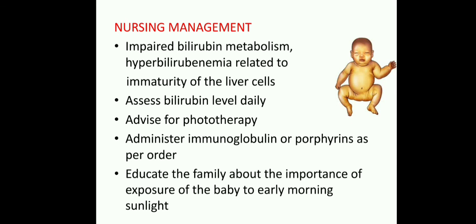Because of that, what you should do: proper identification, evaluate the baby's hyperbilirubinemia zone-wise, assess the bilirubin levels daily, advise phototherapy, administer immunoglobulins or phenobarbital as per the order, and educate the family about the importance of exposing the baby to early morning sunlight. Okay, this is very, very important.